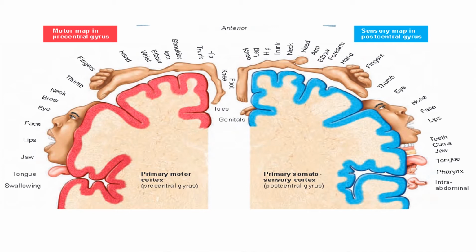You see that the abdomen is at the bottom, and then the tongue, then the teeth, then the face, then the fingers, and then the rest of the body. And on the other side, it is very much similar.